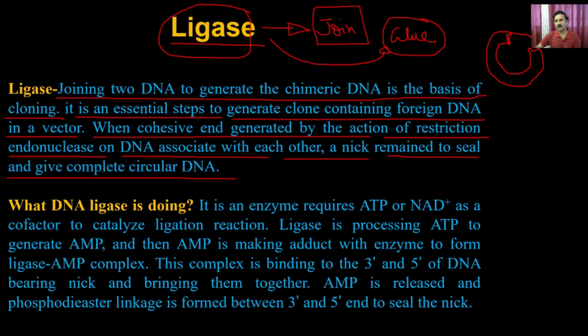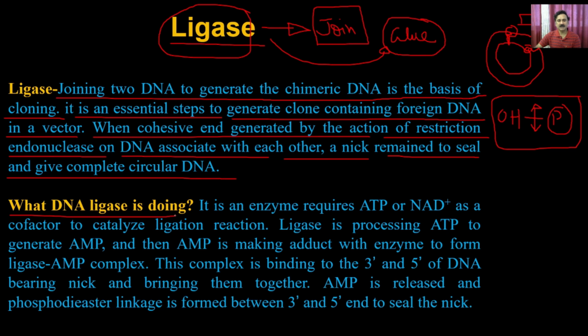You are going to put the foreign DNA, but on this side as well as on this side there will be a small gap, a gap between the OH of one DNA and the phosphate on the other side. So there will be a bond missing between the OH and the phosphate, and this bond formation is the reaction which is going to be catalyzed by the ligase.